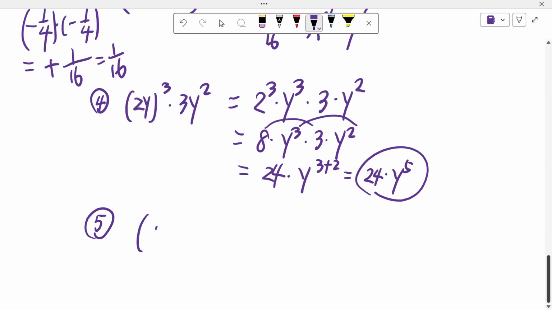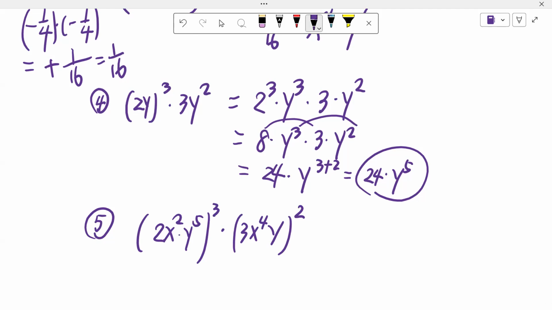Assuming we have this 2x squared y to the 5th to the third times 3x to the fourth y to the second squared. So basically, we need to learn how to apply multiple rules here. Let's start with simplifying the exponents first. So we take one parenthesis at a time.